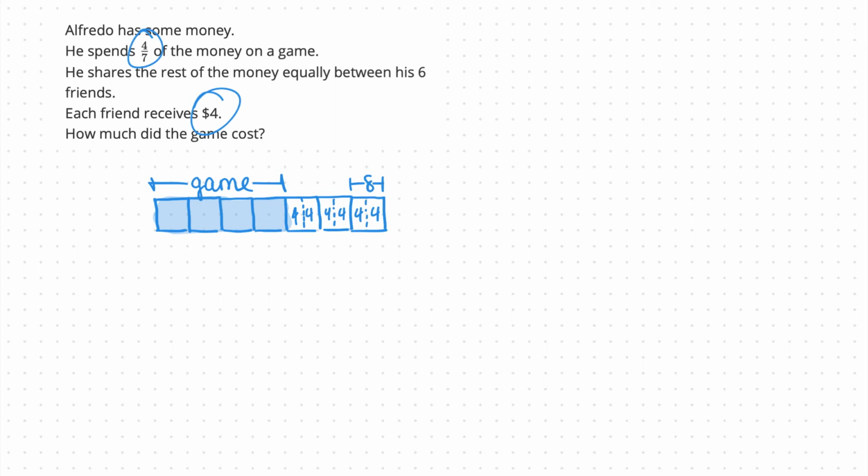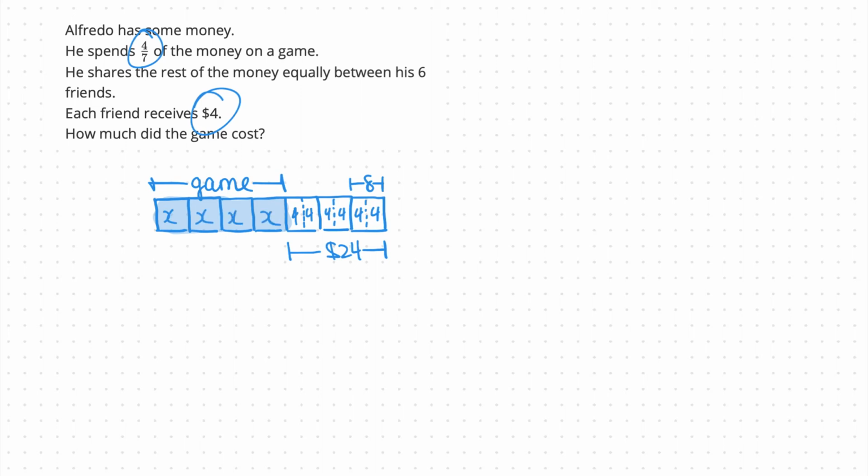And we want to know how much the game costs. So we know that all of this is now going to be 8. Another 8, and another 8, which is going to give us 8 times 3, which is 24. Then we don't know all of those other pieces here, so we could give it a variable x if we wanted to.